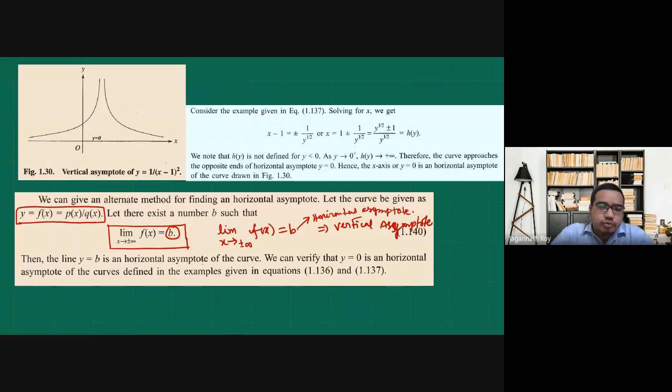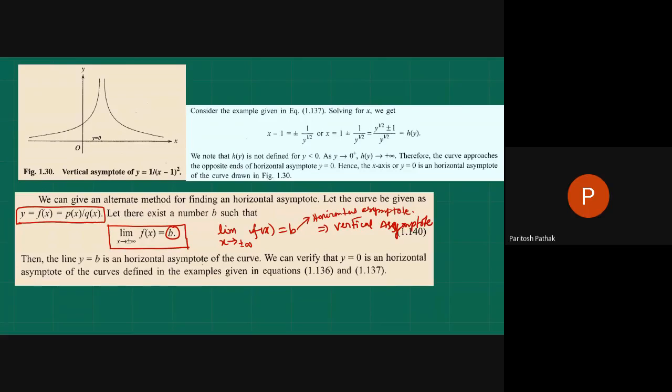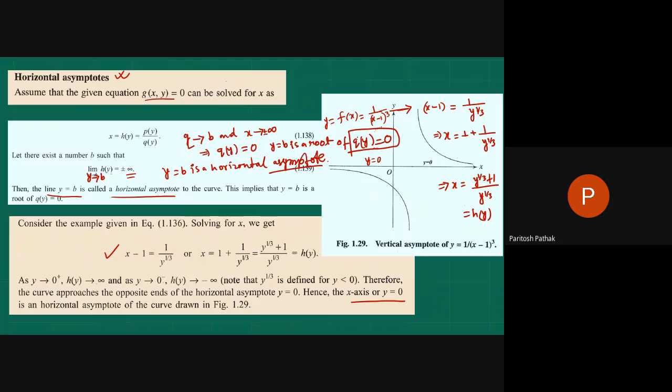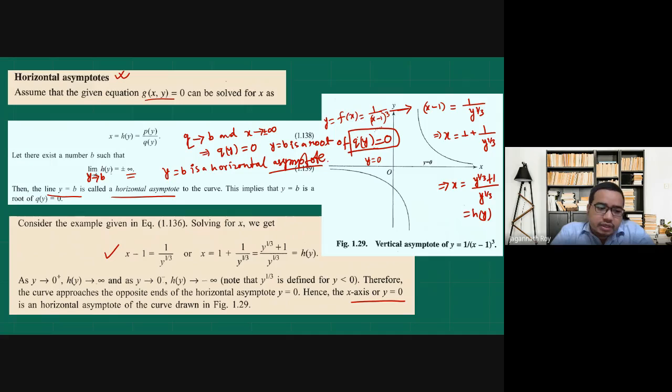Actually, I don't know what you have studied earlier. That was 12th class knowledge, but now you are one class higher, so here we will define things more mathematically.